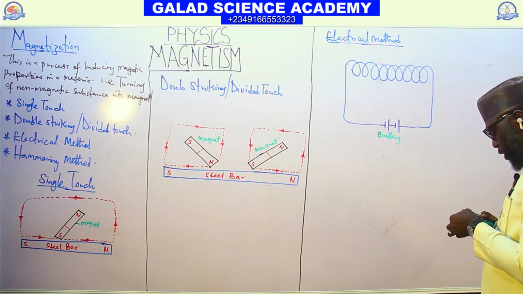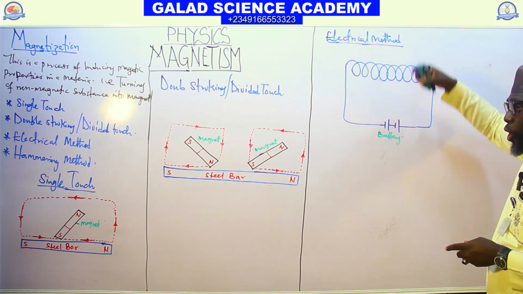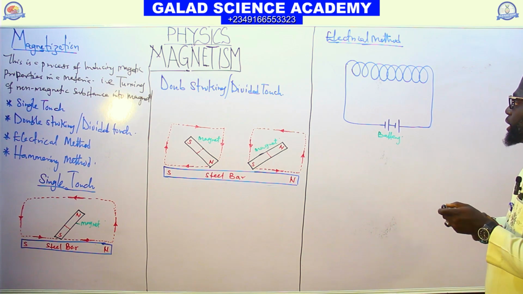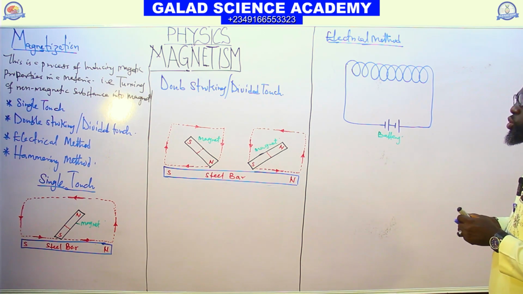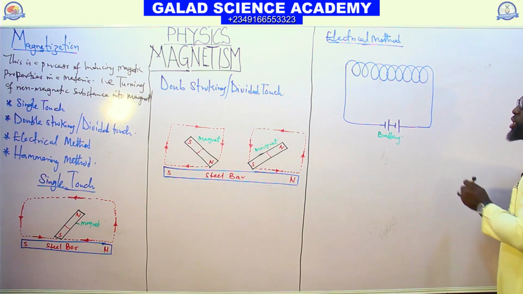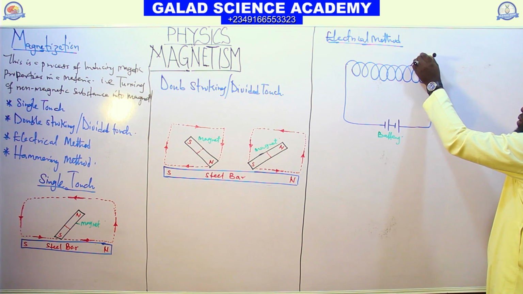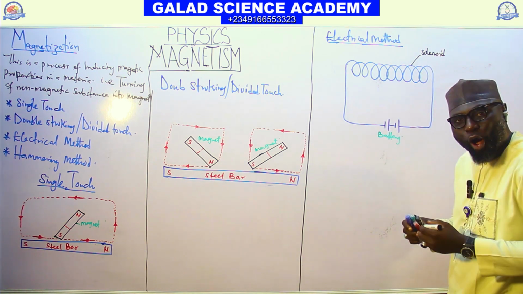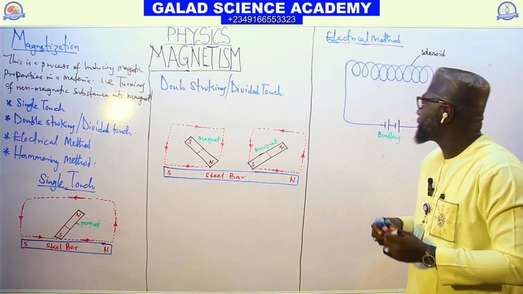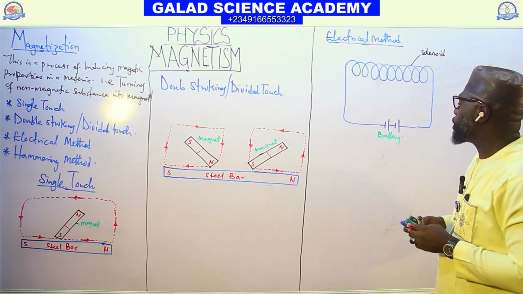So this coil that we have there, we can call it a solenoid. A solenoid is a coiled wire.